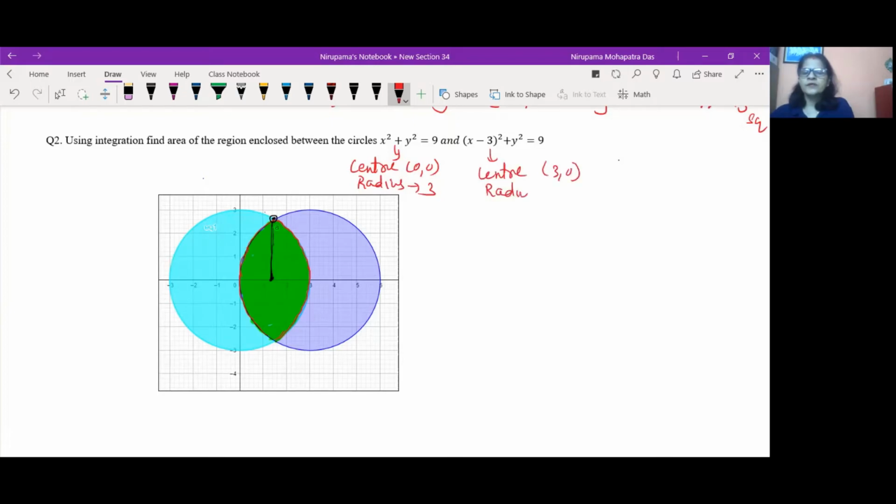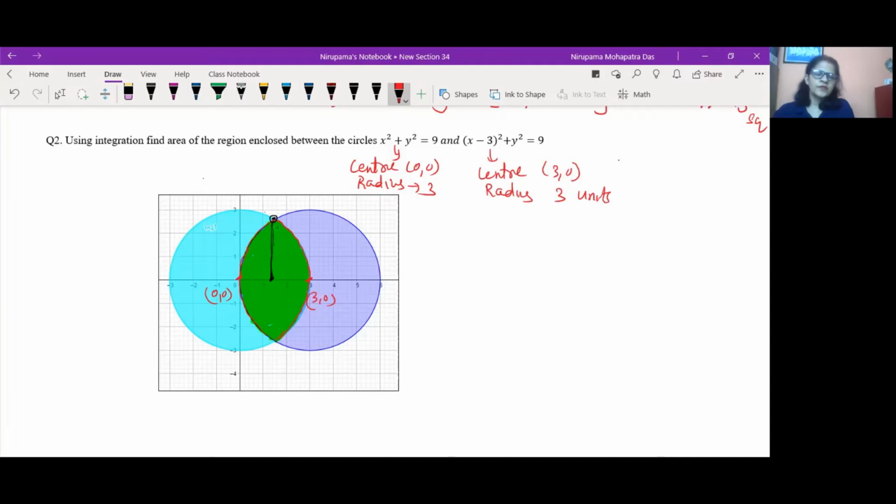Radius 3 units. Clear? Okay, so this center at (0, 0) is one circle. This point is (3, 0), the center of the second circle.